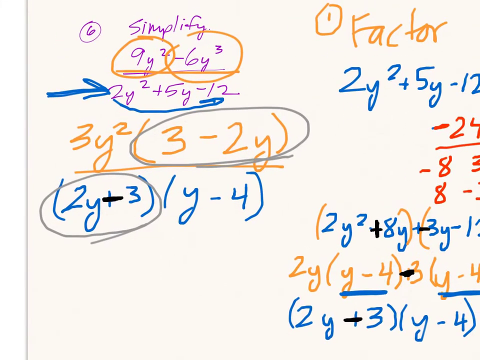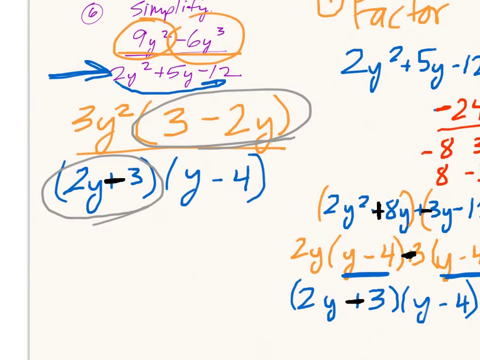See here that I have a negative 3 and a positive 2y. And here I have a positive 3 and a negative 2y. Let's factor out a negative 1 on the top there. What's that going to look like? Remember, factoring is just dividing.